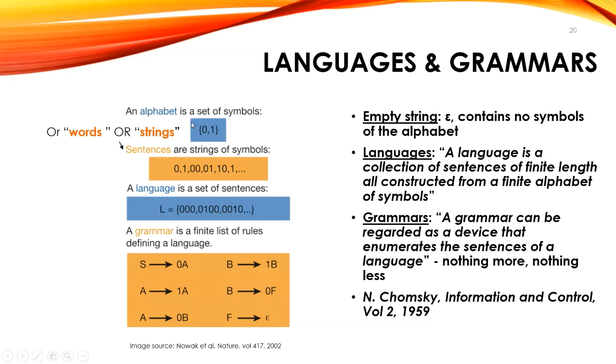And if we are referring to the symbols used to represent our input, we call it alphabet. So for example, 0, 1. And the collection of alphabet to form a certain word or strings. Okay. And the collection of words or strings, we call it languages or language.